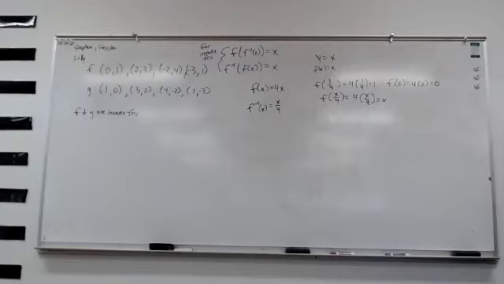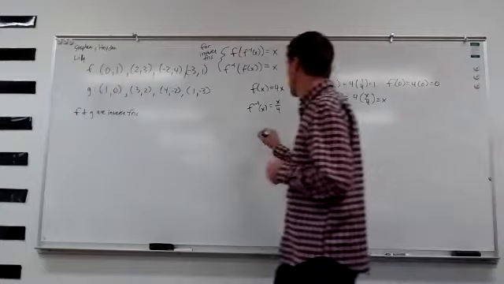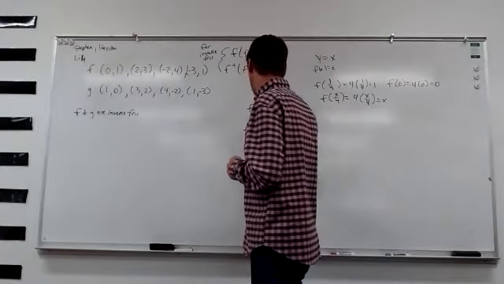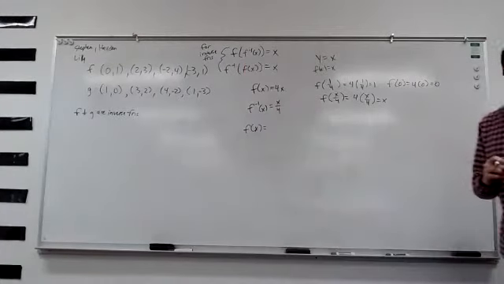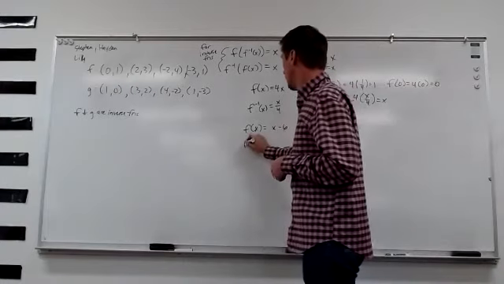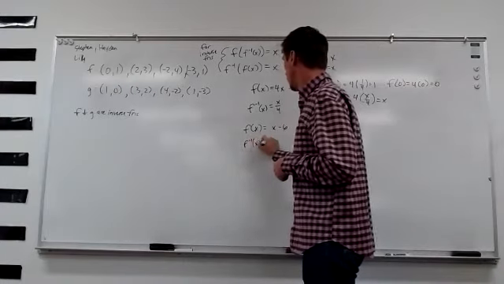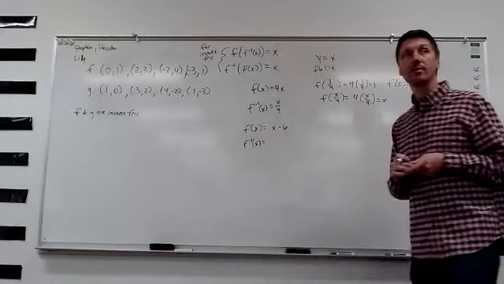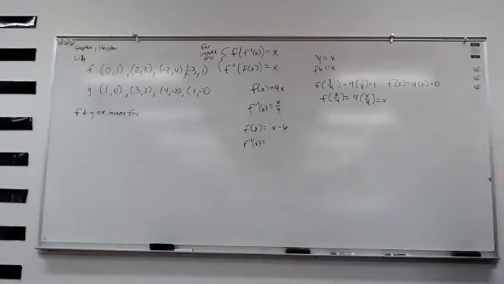So let's try another one. What if I have f of x equals x minus 6? What would the inverse function of that have to be in order for the composition of one of the other to be x?